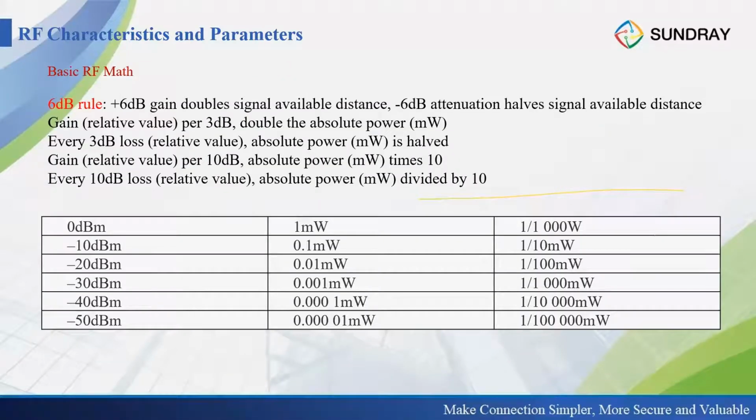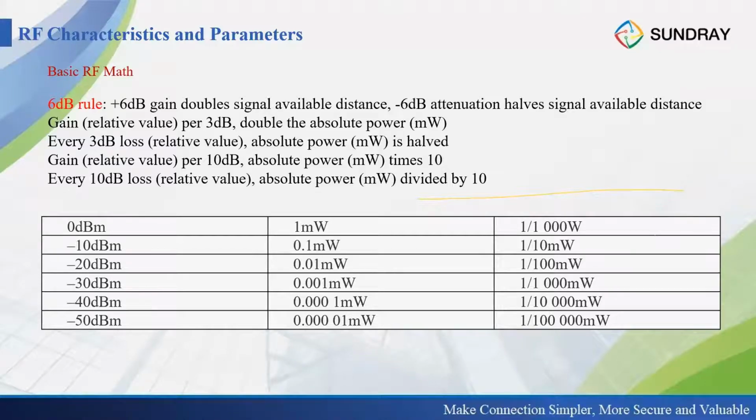Okay, go to the next page. So here is the basic RF math for how we can calculate or transfer. We need to remember the 6 dB rule, and also the 3 dB rule. The 3 dB rule: a gain of 3 dB doubles the absolute power.